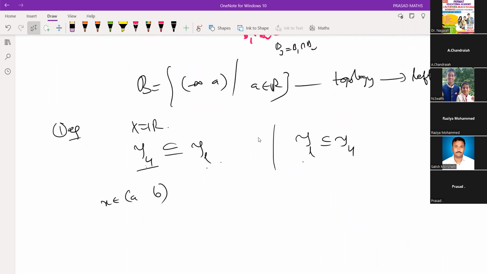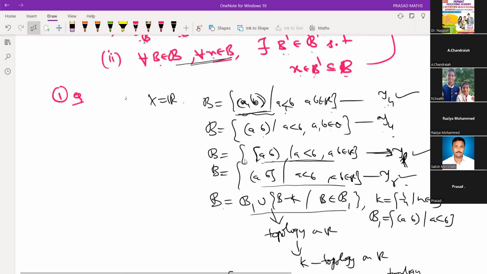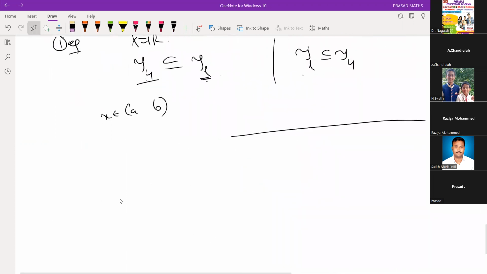I need to find the basic open sets with respect to the lower limit topology. What are the basic open sets with respect to the lower limit topology? Left closed, right open. So suppose you take a basic open set with respect to the usual topology, and you take a point. Can you find a basic open set with respect to the lower limit topology? Yes, we find a basic open set.